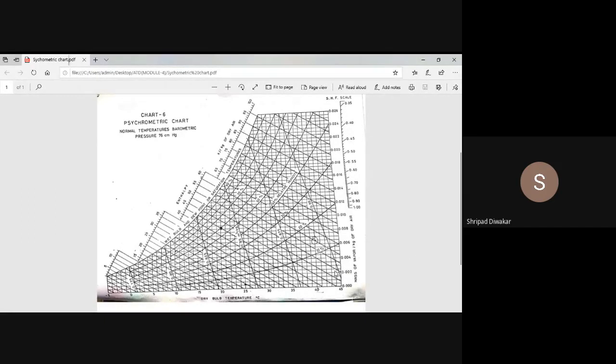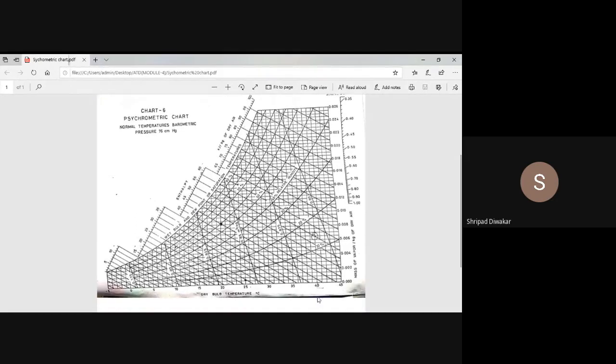First, see the structure of the psychrometric chart. I'll tell you what lines you have. Don't get confused. It seems very complicated, but it's not. First analyze the lines one by one. We always start with the dry bulb temperature lines. Dry bulb temperature is the temperature of dry air, measured in degrees Celsius.